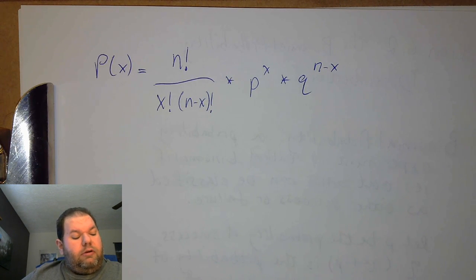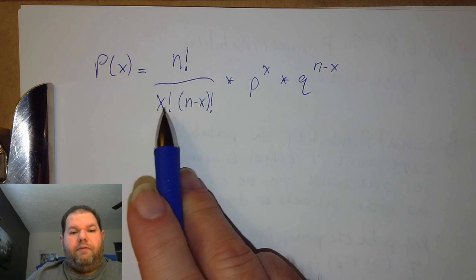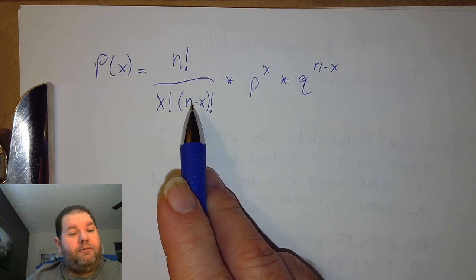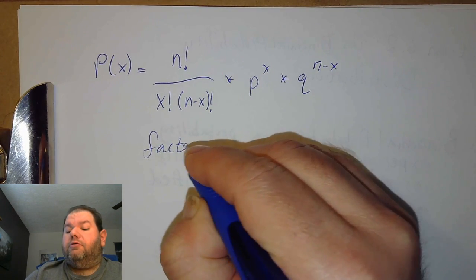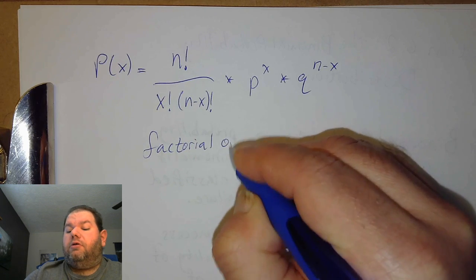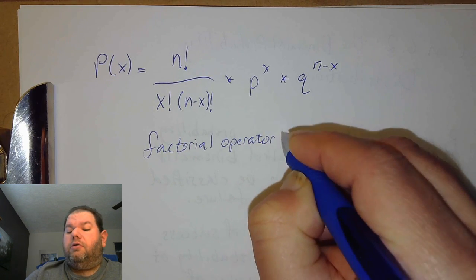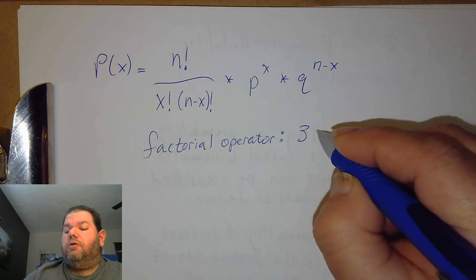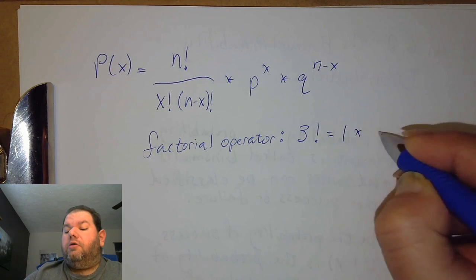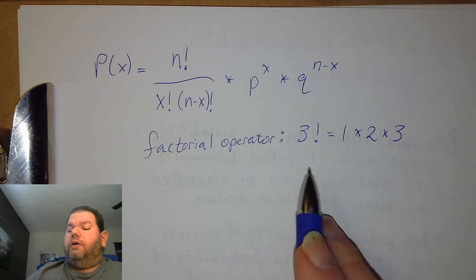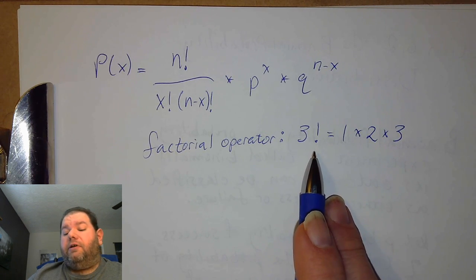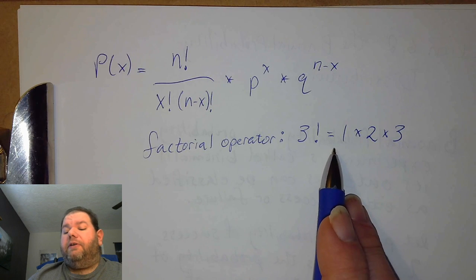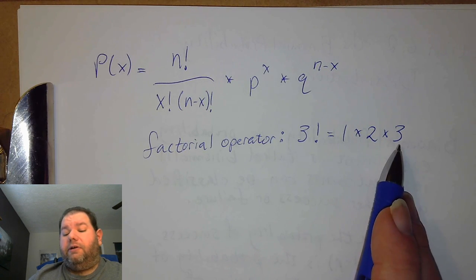Now, this first term, we haven't really done anything as far as I remember with the factorial operator. So if we have 3 with an exclamation point, doesn't mean that we're really excited about this 3. 3 factorial means that we have 1 times 2 times 3.